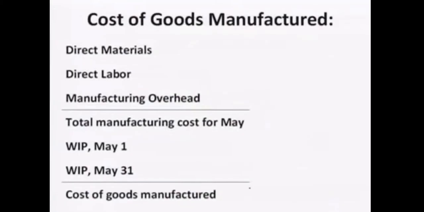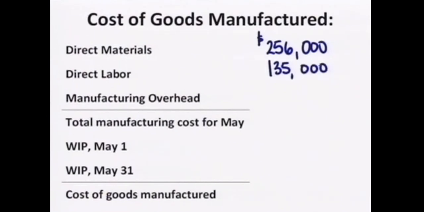Using our equation to solve for cost of goods manufactured, let's plug in the information that we know. Direct materials is $256,000. Direct labor for the period is $135,000. And manufacturing overhead is $150,000.